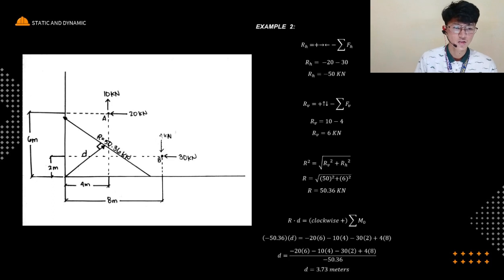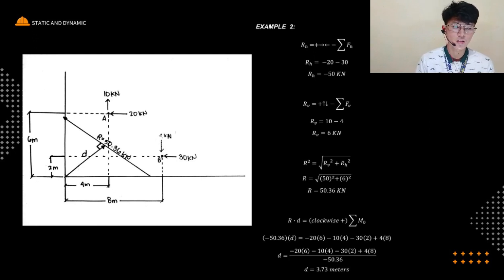So for RH equals negative 20 dahil yung force is pupunta sa left side. And then minus 30, which is yung isang horizontal ay pupunta rin sa isang left side. So negative 20 minus 30 is negative 50 kN. So yun po yung ating RH.